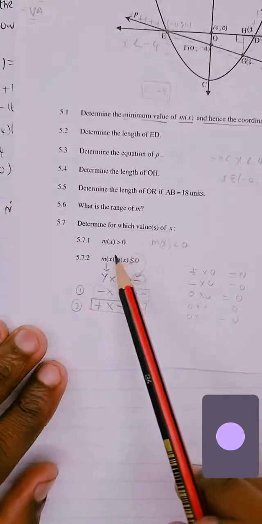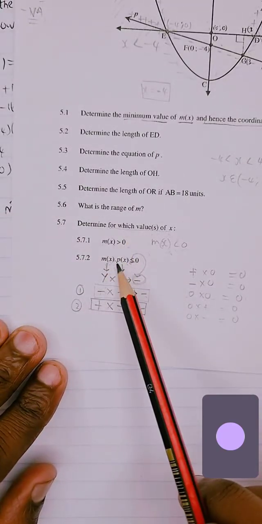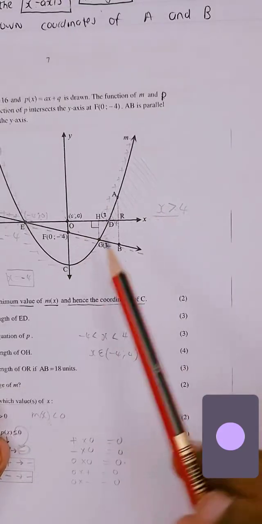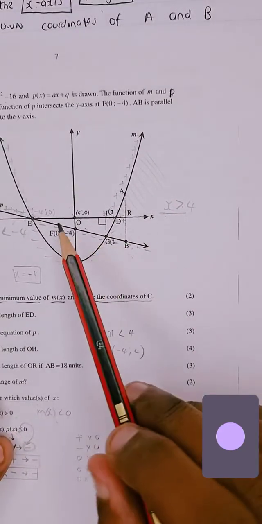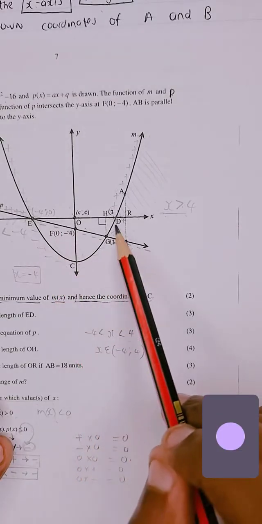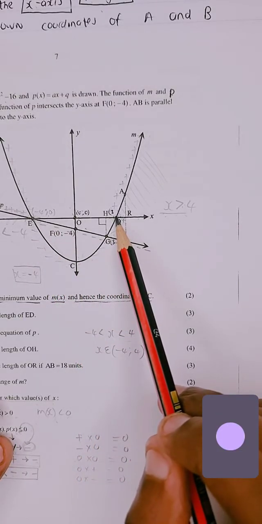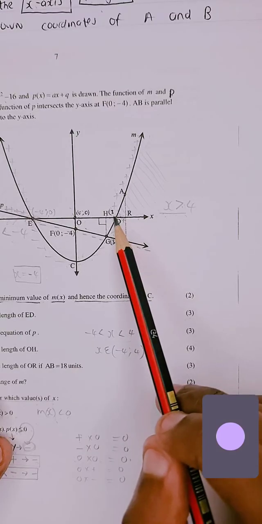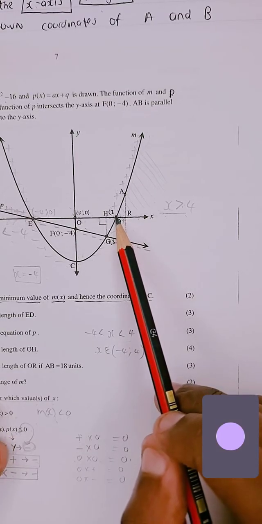Am I looking for that to get the answer here? No, because a negative times a negative doesn't qualify. So that means from this all the way to D, just before D, there's no answer. Now the question then is, what about at D? Is there an answer at D?